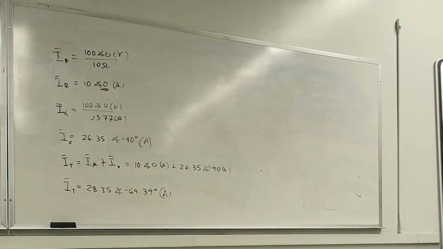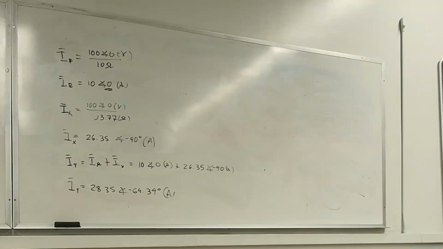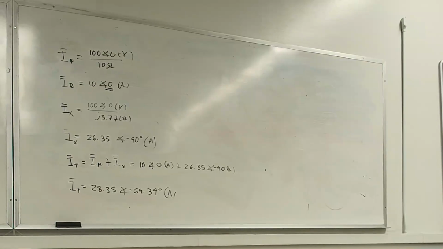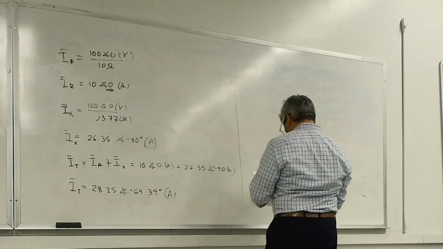But I need to know now, not so much in terms of current, but in terms of power. How much real power, because there's an R, and how much reactive power, because there's an L, is this customer asking me to provide? Well, we use our formulas.